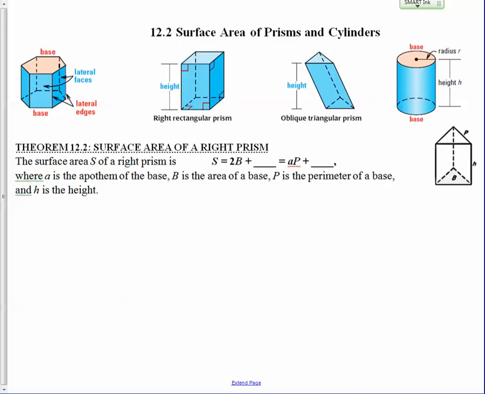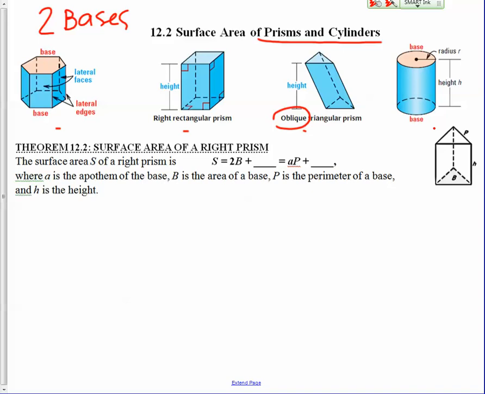Okay, now let's talk about the prisms and cylinders. Those have two bases parallel to each other. Take a look, one on the bottom and one on the top in each of these examples. And then they are all connected with rectangles, or parallelograms if you have oblique.